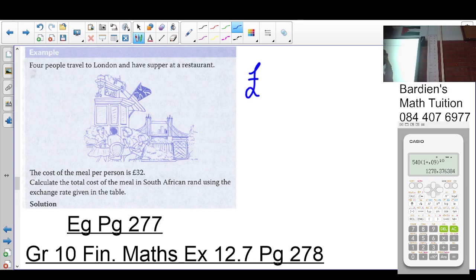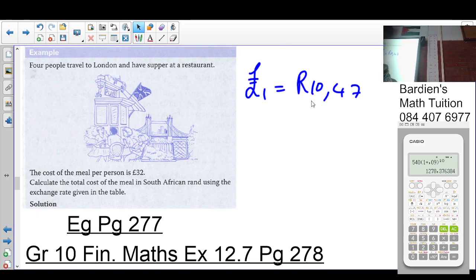So 1 pound is equal to 10 rand and 47 cents. You guys understand? We always start off by writing the exchange rate. Then I ask, how many pounds are we converting to rands? 32 pounds. So we say 32 pounds is equal to.